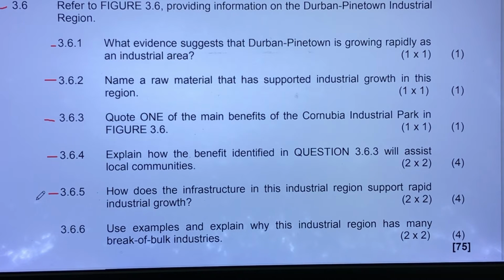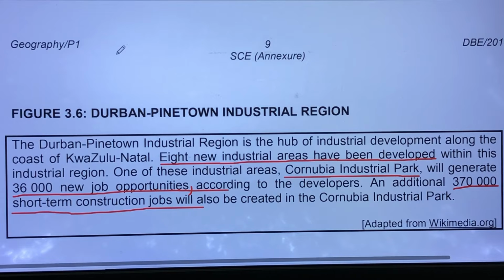3.6.5. How does the infrastructure in this industrial region support rapid industrial growth? Look, I know other terms are not being given, but we're talking about the coastal areas of East KwaZulu-Natal, specifically around the Durban Pinetown industrial region.